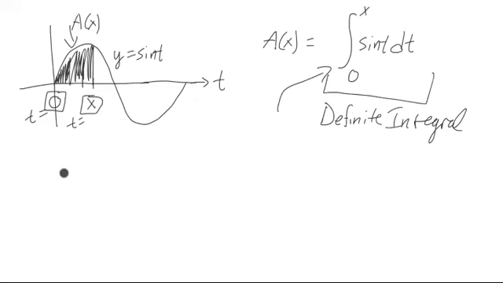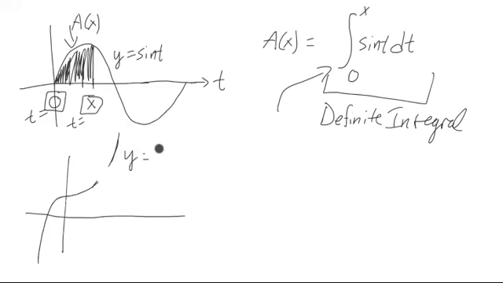Likewise, if we were to have an area function under another curve, suppose we have something like this, I'll make that a little steeper there. Maybe say this function is y equals t cubed plus 1 or something like that.